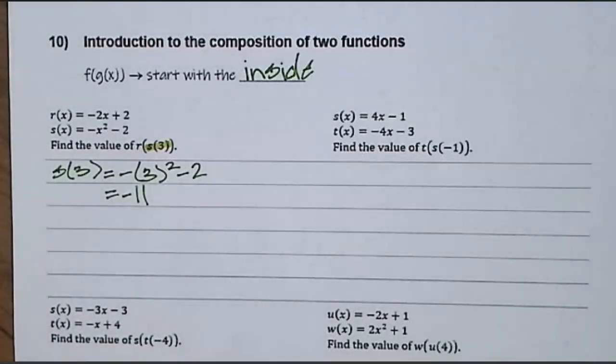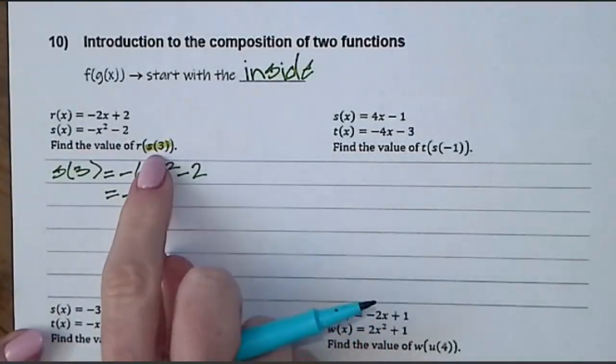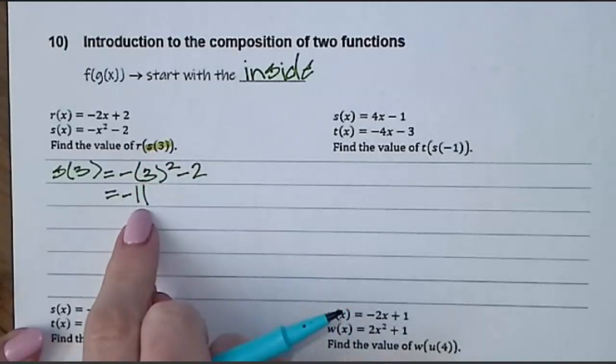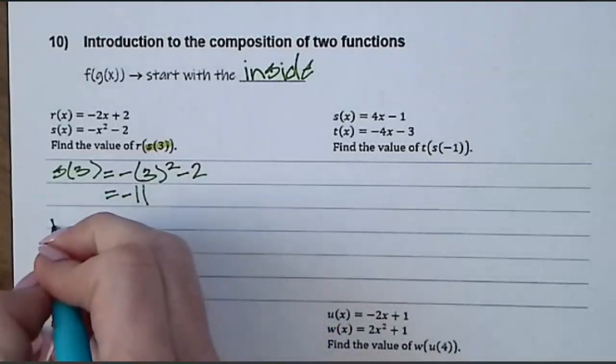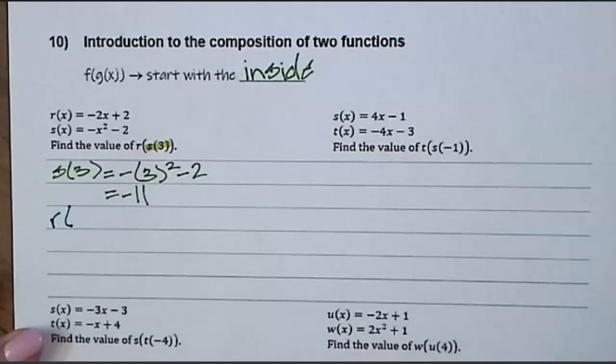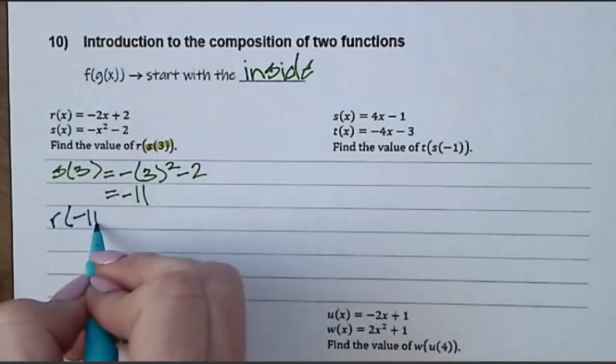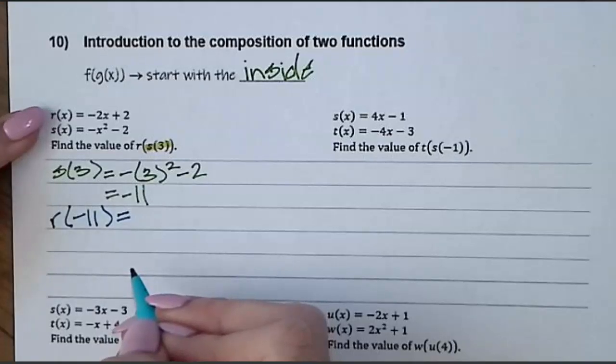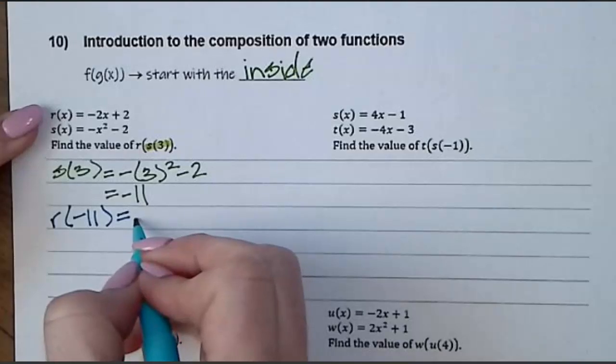So now we're going to replace this inside, which is s of 3, with the value for s of 3, which is negative 11. So I'm looking at r of negative 11. That means I go up to r, and everywhere there's an x, I'm going to replace it with negative 11.